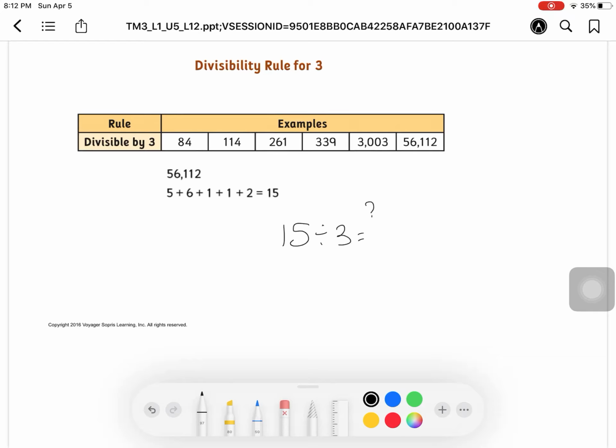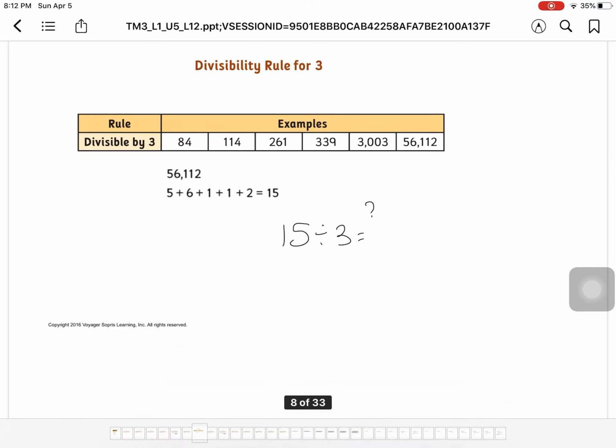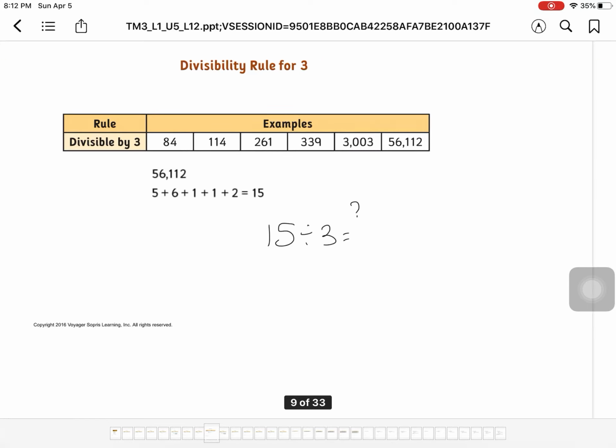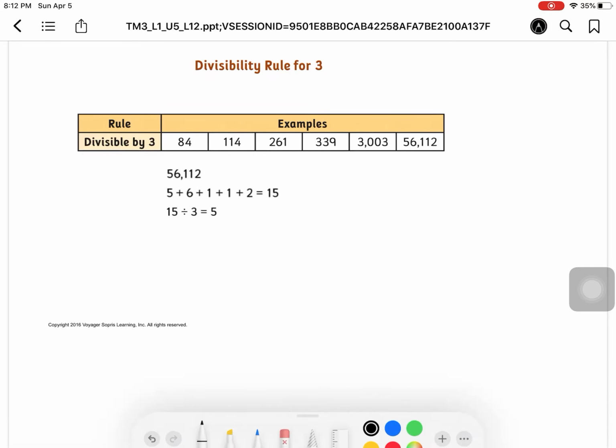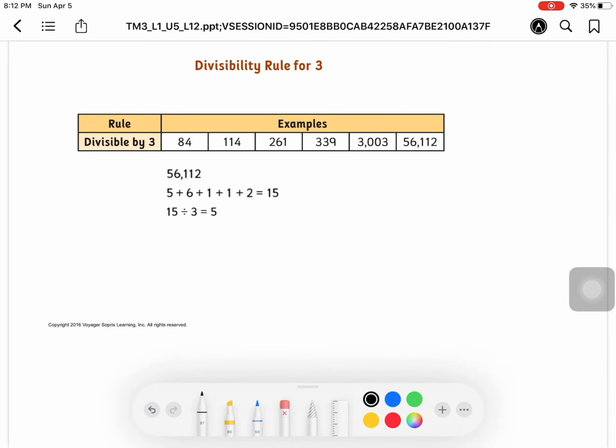And I think most of you know that yes, 3 will go into 15 how many times? 5 times. Okay. So then I know if I were to take 56,112 and divide it by 3, I know 3 will go into 5 one time. 3 times 1 is 3.